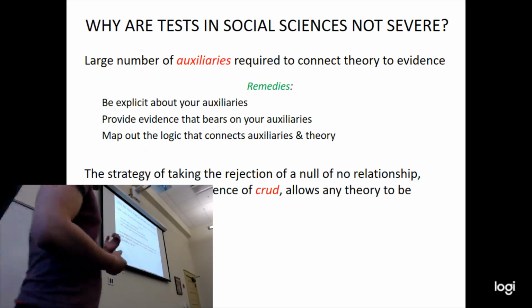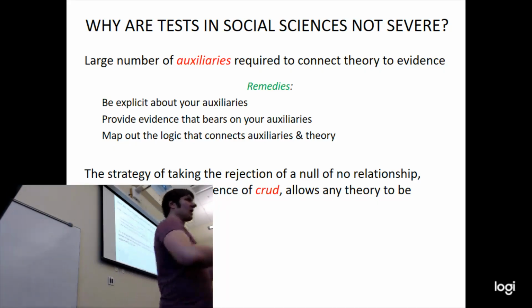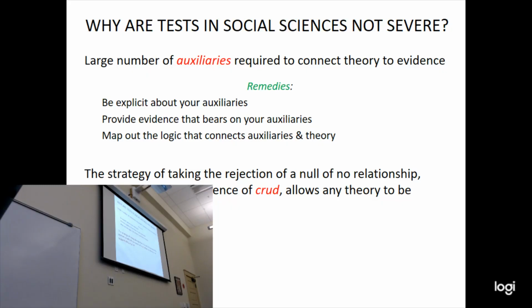So, the second special feature that might be one cause of the fact that in the social sciences our tests are really not severe is this particular strategy of using the null hypothesis of no relationship and taking as evidence for your theory a rejection of the null hypothesis.